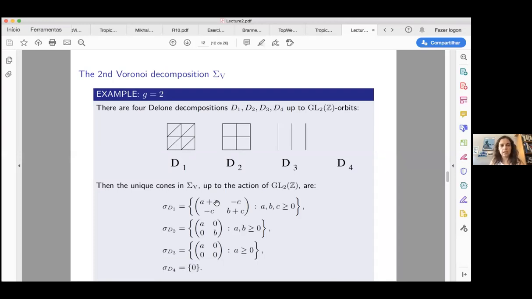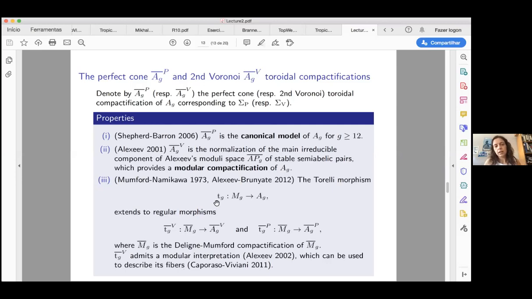All right. So now let me tell you some classical results about these two decompositions, to justify why they are important in classical algebraic geometry. As I said in the beginning, the admissible decompositions of Omega^g rational are the combinatorial data that is necessary to define a toroidal compactification of A_g.